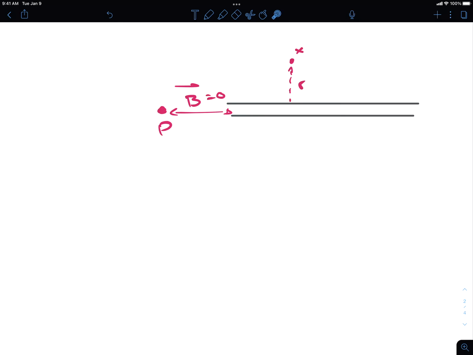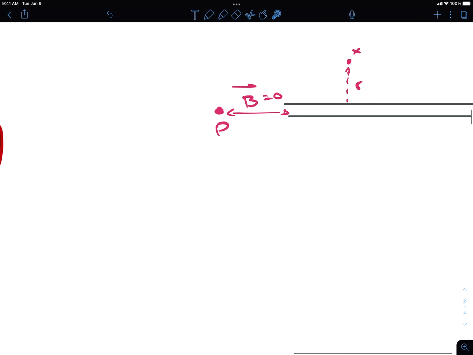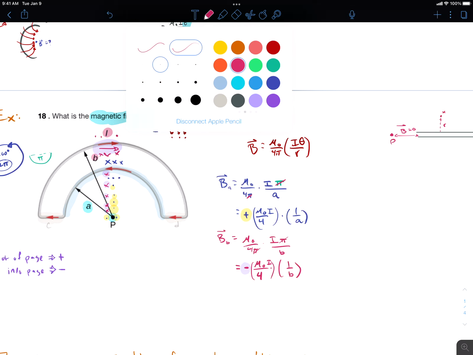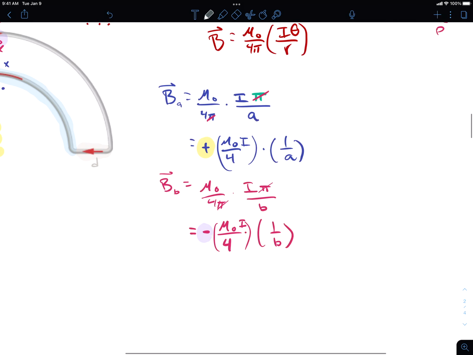If I'm on the axis here, this is undefined, there's no magnetic field here. So it's 0. So these are going to be 0. If I wanted to add this into the problem, I would have BC and BD, and both of them should be 0.